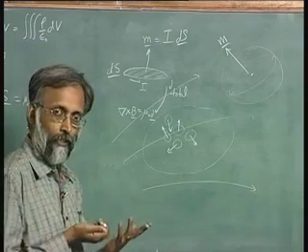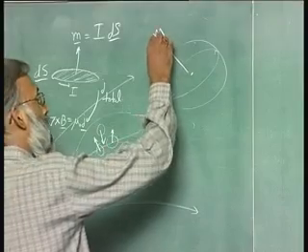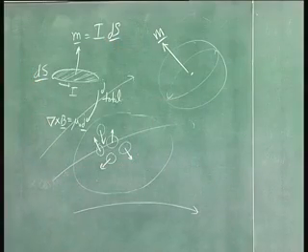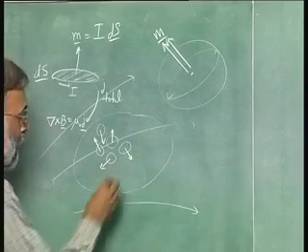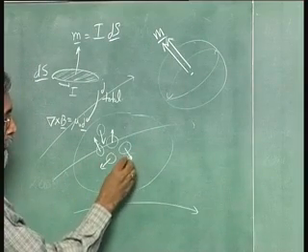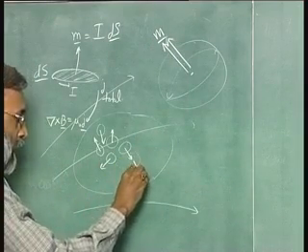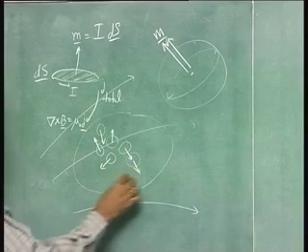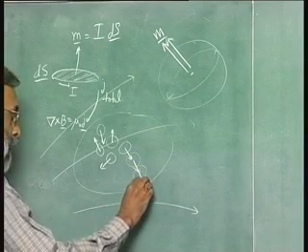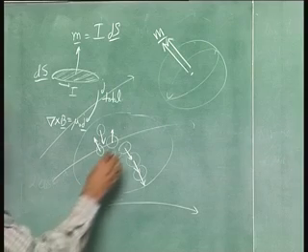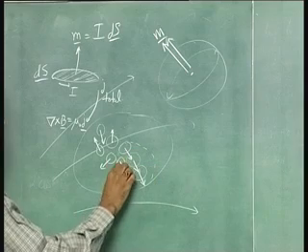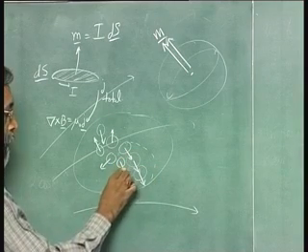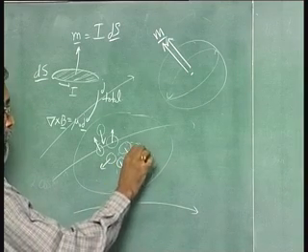And then there are materials where this magnetic moment is so strong that if an atom points this way, it forces the next atom to point this way, and the next atom forces the third atom to point this way. So much so that you tend to have regions where all the magnetic moments are lined up.